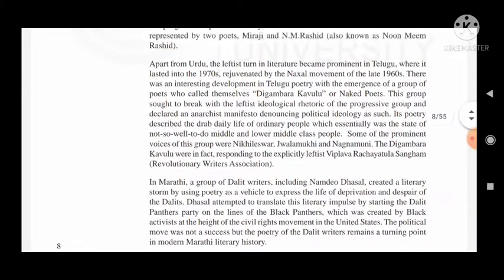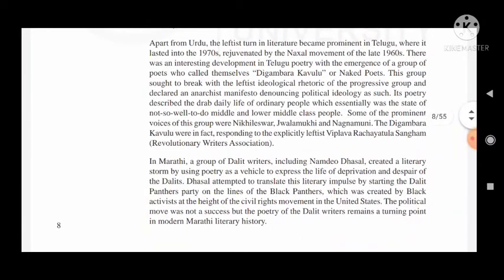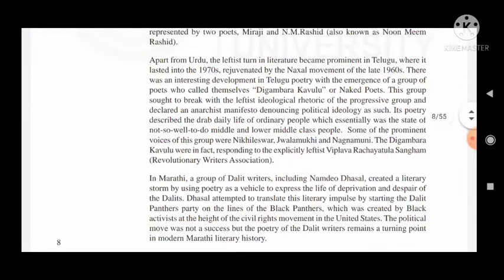Apart from Urdu, the leftist turn in literature became prominent in Telugu, where it lasted into the 1970s, rejuvenated by the Naxal movement of the late 1960s. There was an interesting development in Telugu poetry with the emergence of a group of poets who called themselves Digambara Kavulu, or naked poets. You can note down the main points.